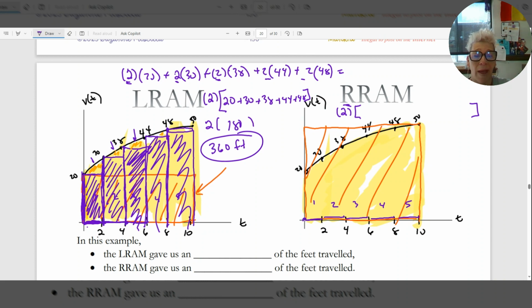So let's think about that. From 0 to 2, the right-hand side is at time 2 instead of 0, which is the left-hand side. So let's pick our height on the right, and then we're going to top it off parallel to the left.